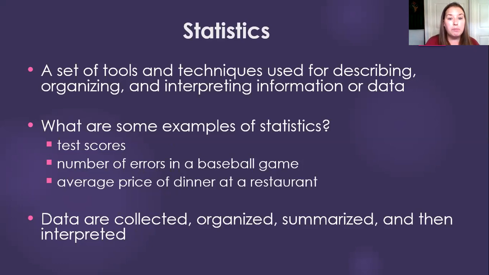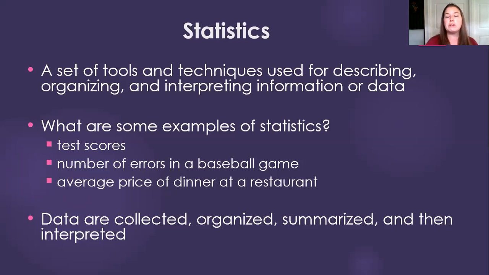A sports example could be, what's the number of errors in a baseball game? For a given game, is the number of errors greater than or less than, on average, how many errors a team has over the course of the season? Perhaps the average price of a dinner at a restaurant. Is the restaurant more pricey or less pricey?